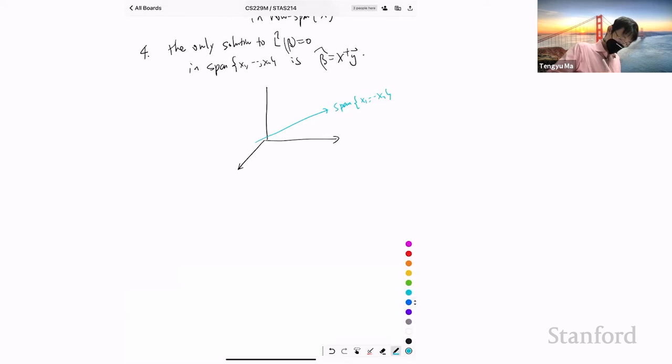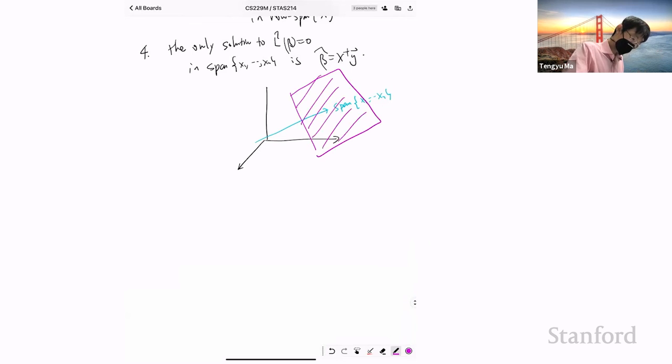And then you have a subspace of solutions which is orthogonal to the span of the data, and the intersection part is the target solution.